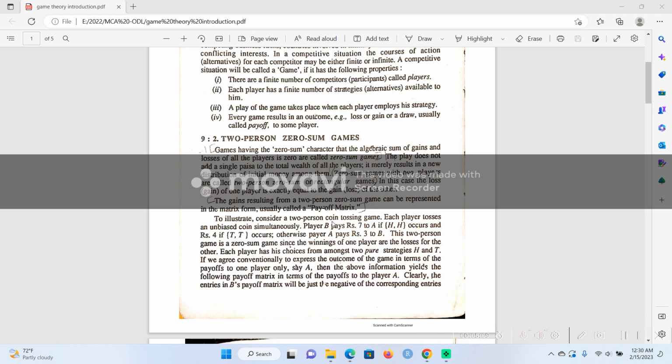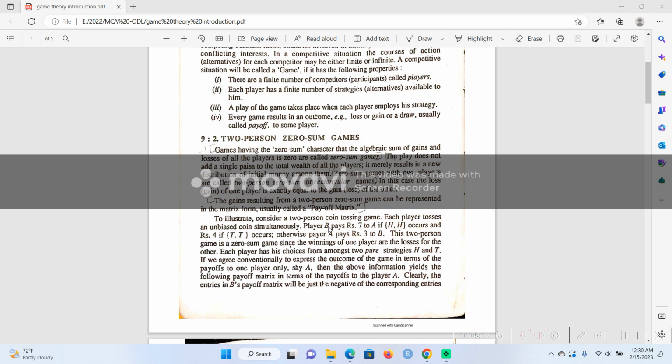We are considering a two-person coin tossing game. We have two players and they are going to toss coins. Each player tosses an unbiased coin simultaneously.